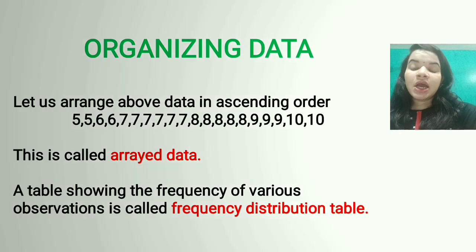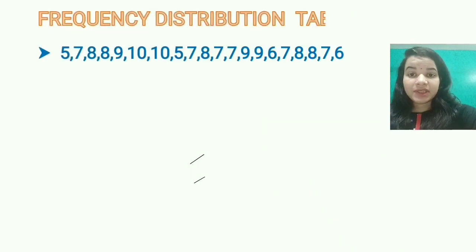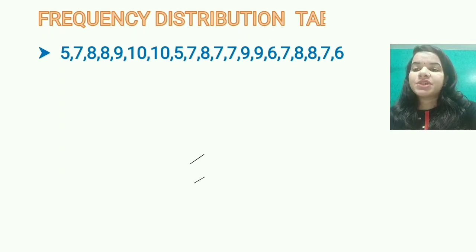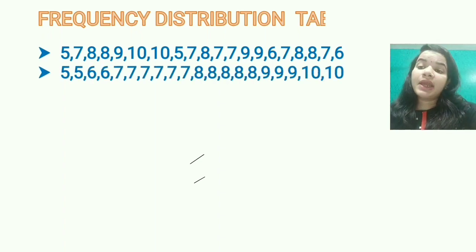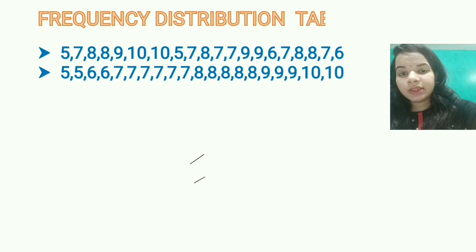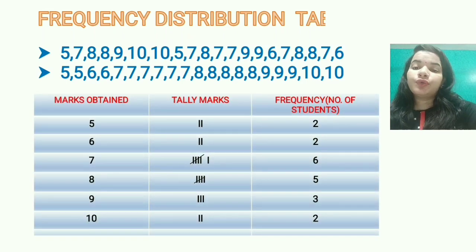Now let us see how to draw a frequency distribution table. I am taking the same example. The raw data is given to you. Then in the next step what you have to do? You have to arrange it in ascending order. Okay. Then the third thing that you will do, you will make a frequency distribution table.